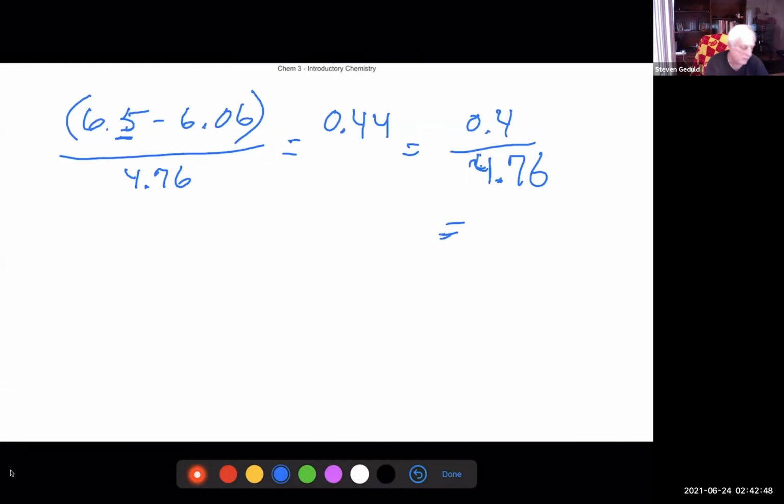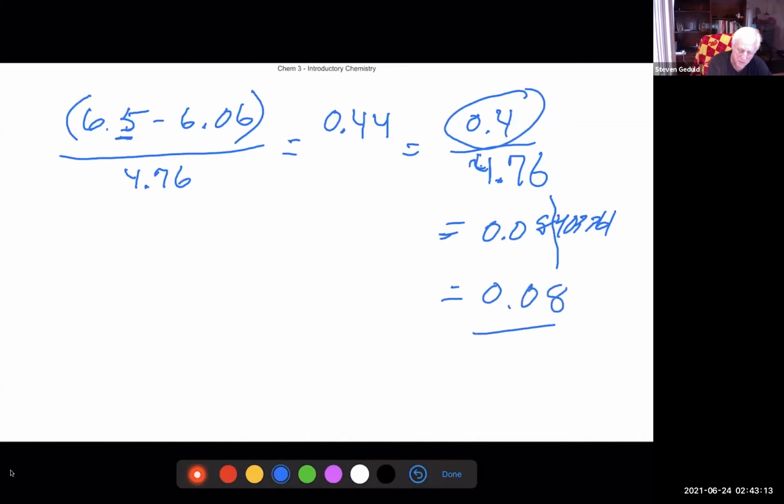So 0.4 divided by 4.76 equals 0.08403361. And you only get one significant digit. That's all your answer is here, right? So you only get to right there. So it comes out to 0.08 as your answer.